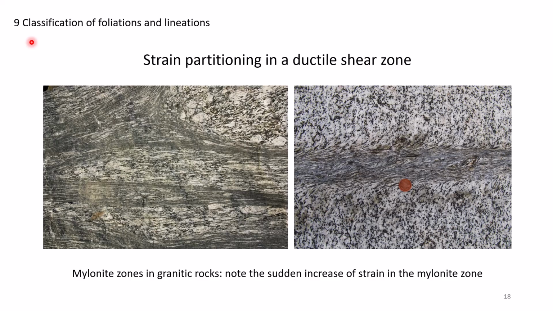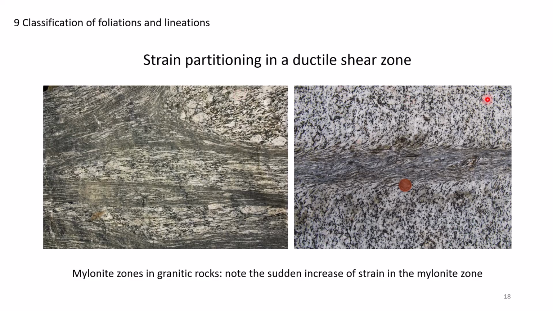So here we see mylonite zones cross-cutting a granitic protolith that is much less deformed. Here on the left-hand side we still see some foliation, but the rock is clearly much coarser grained and shows much more relics of the magmatic stage. These are very likely alkali feldspar porphyroclasts that initially were phenocrysts.